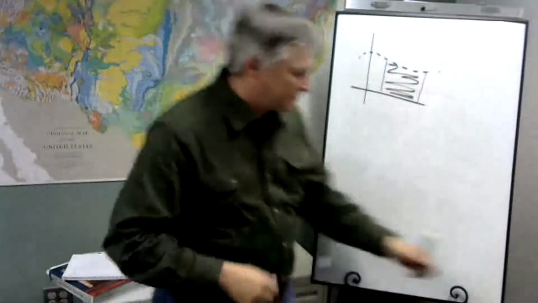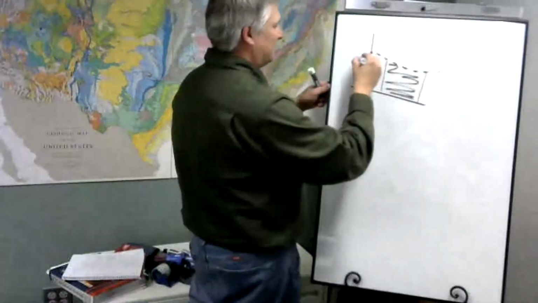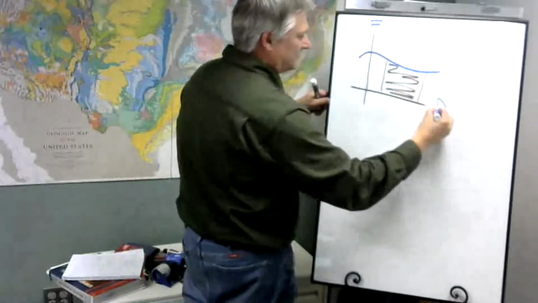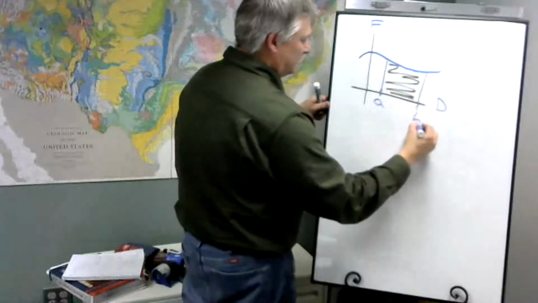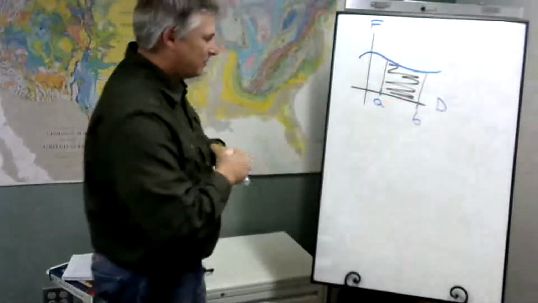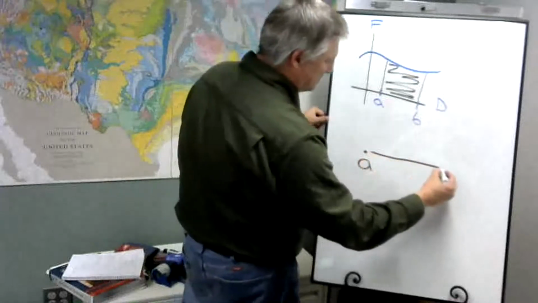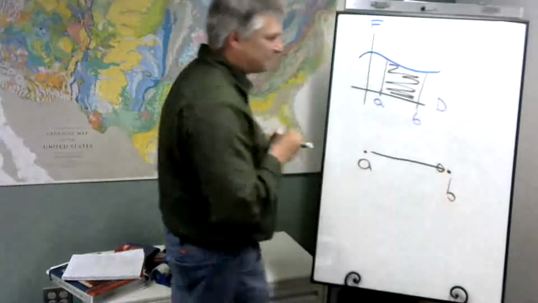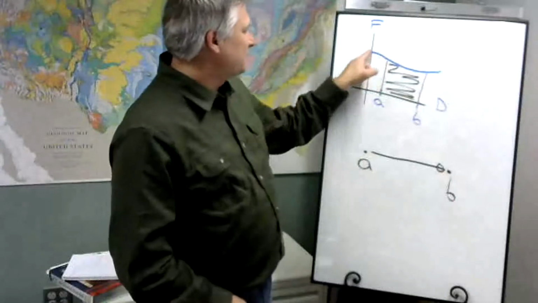For example, if this function here represented force, say this is a force function, and this is distance d, and let's say we have point A, point B. So what could be happening here is you're starting at point A, and you're pushing some cart. There might be some kind of friction or something you have to push against to point B. And the force you exert on this cart could be described as this.